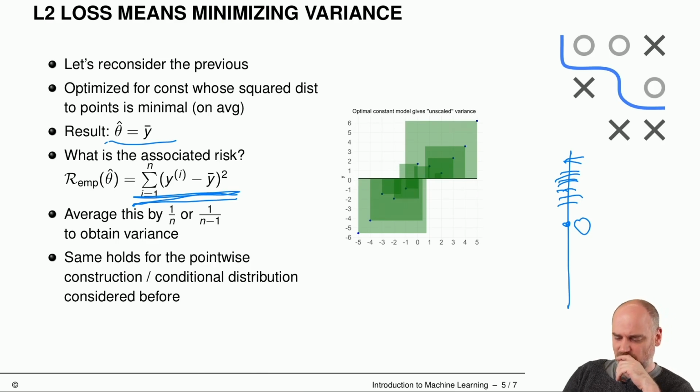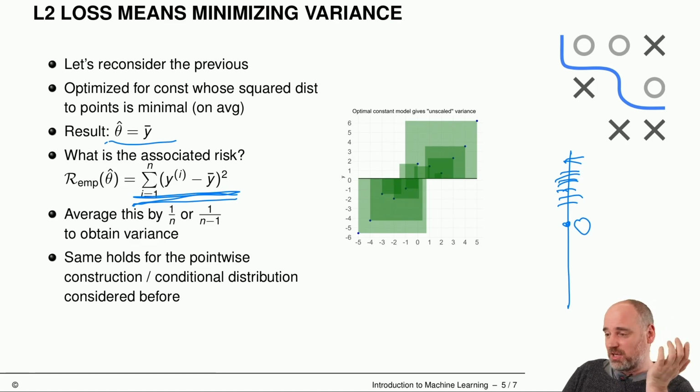We have this data cloud here, univariate data without features. I want to predict this data with a constant value. I want to have a constant that represents this vector of values. So what's the best value to represent these guys?